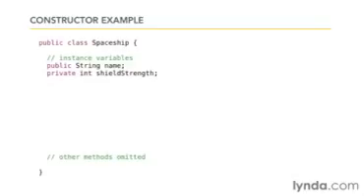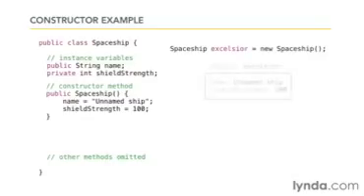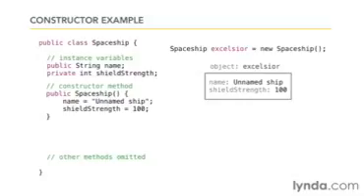Now, there's no return type to it because you'd never call it yourself. It's called when you use the word new. So in this case, I would create a method with the same name as the class, and in it, I'm going to set the initial state that I want these instance variables to be. I then use the same code to instantiate that object, but it will now be instantiated with some actual values in those instance variables. So this is a basic constructor that takes no arguments.